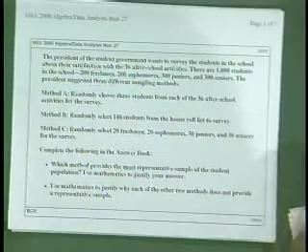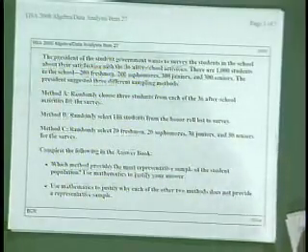Let's take a look at Method B. Method B says randomly select 100 students from the honor roll list to survey. Now, the question is, what's the bias in that? As much as we would like to think that everybody makes the honor roll, everybody doesn't. So that may not represent the entire school population.